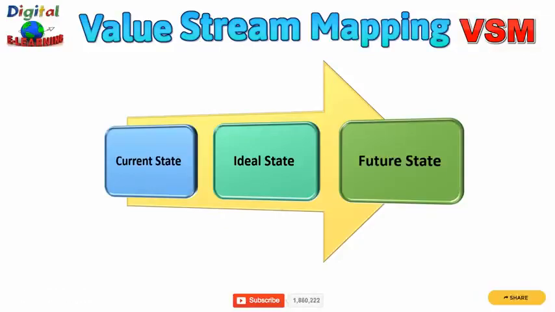Then they are eliminated in the ideal state map, which gives the organization a working plan to achieve lean efficiency. Finally, the team creates and executes a plan that implements this new ideal state. The action plan may take multiple phases to fully implement.